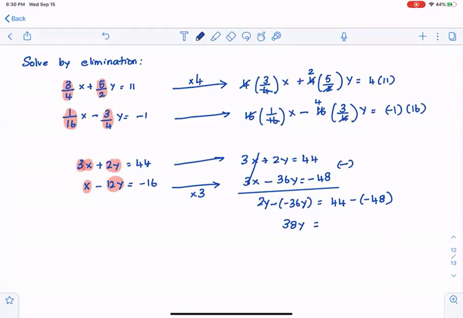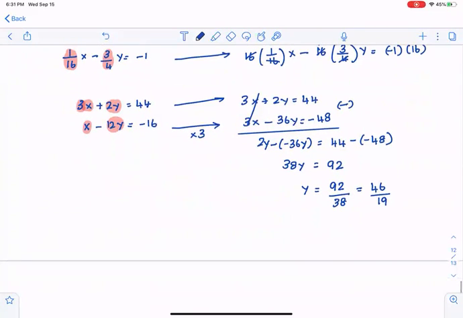And on the other side, we have 92. Divide by 38 on both sides. We can simplify this further. There is a 2 in common, so we have 46 over 19. We can take that 46 over 19 and plug it in one of the two equations.